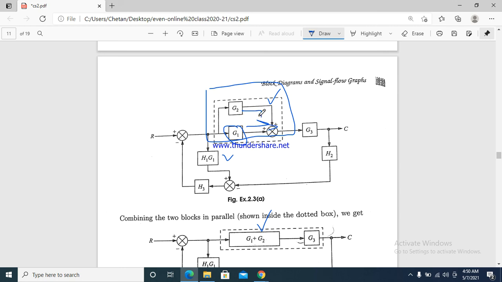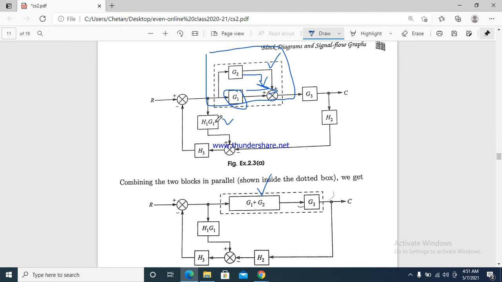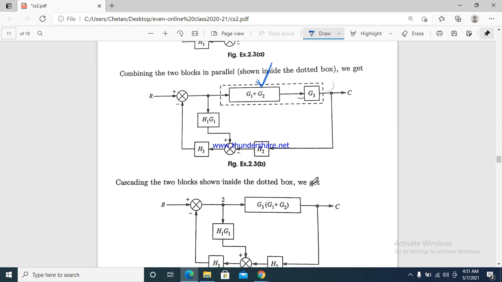These two are in the same direction. Here you don't have any feedback. Sometimes what happens, if you have this type of loop, you may think it is just feedback. It is not feedback. In feedback, the arrow mark is in the opposite direction. And here after adding G1 and G2 you will get this. Multiply this element with the G3. You will get the multiplied value.